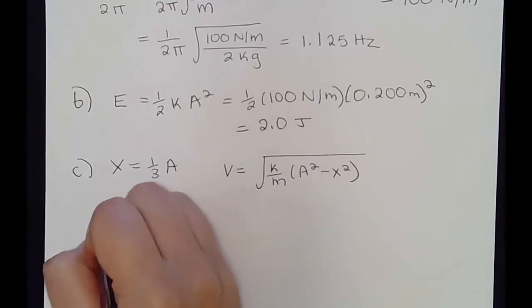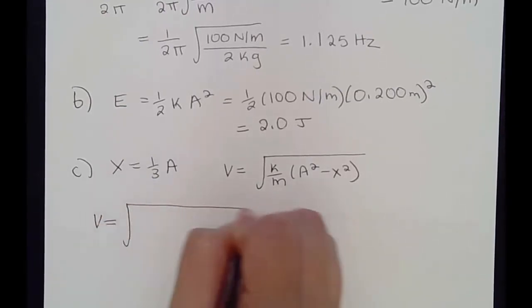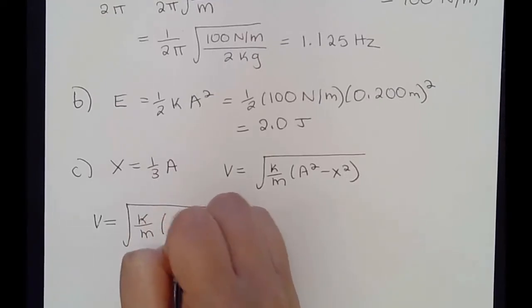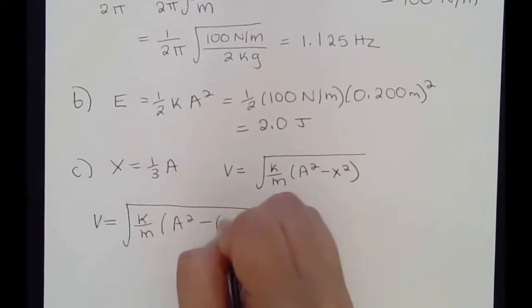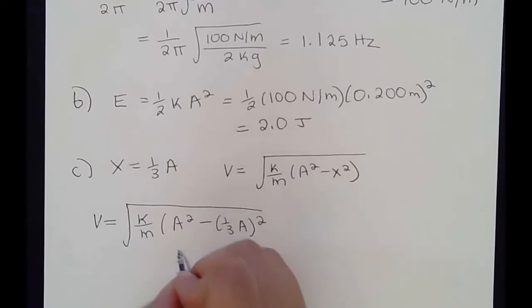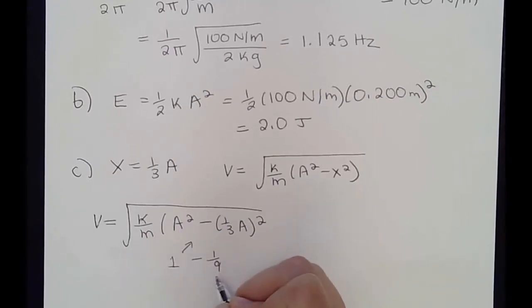So v will be the root of k over m, and then I'm going to have A squared minus 1/3 A squared. So in here I'm going to have 1 minus 1 over 9, so that's 8 over 9.